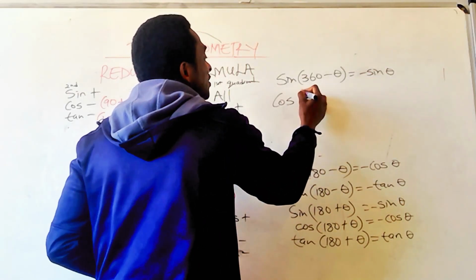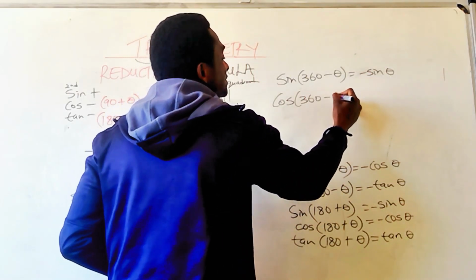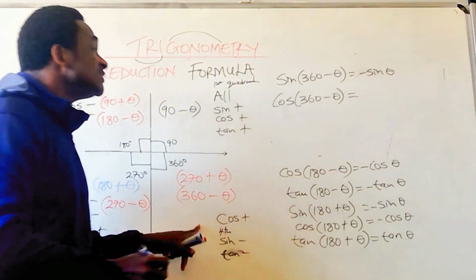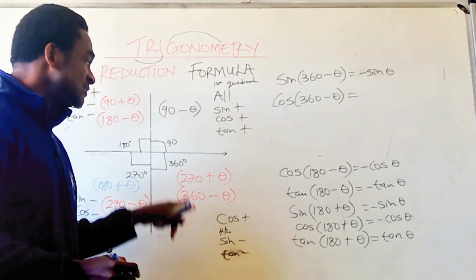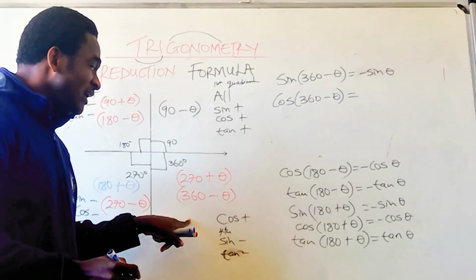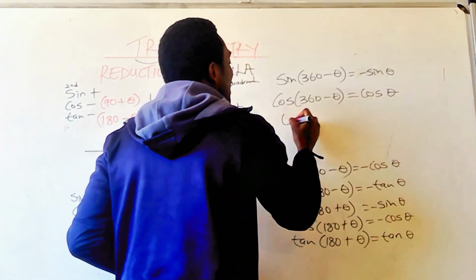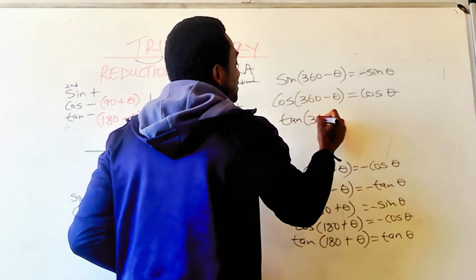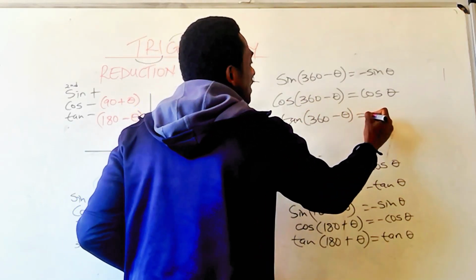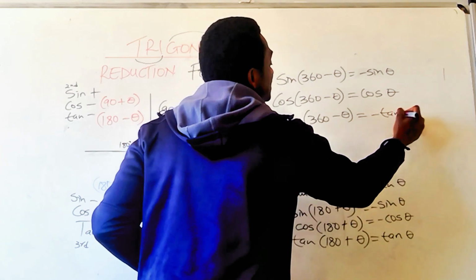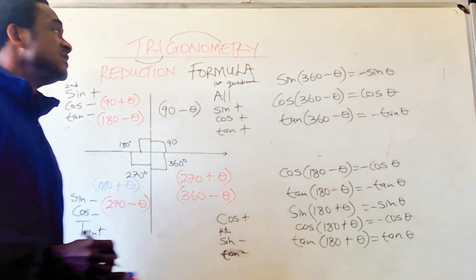Then we have cos of 360 minus theta. In this case, cos is positive in the fourth quadrant, so it will give us a positive cos theta. And lastly, tan of 360 minus theta will give us negative tan theta, because tan is negative in this quadrant.